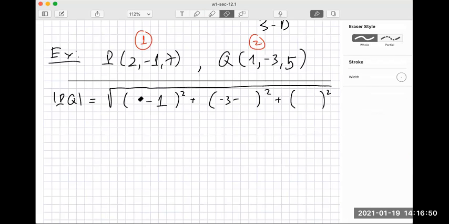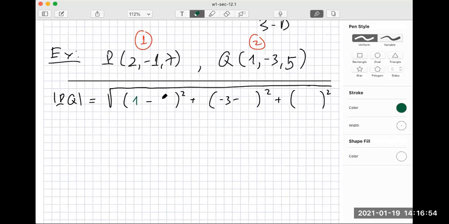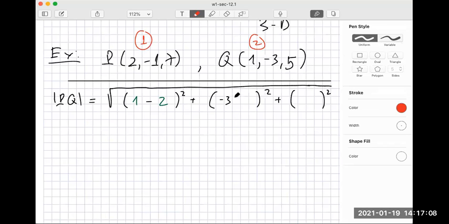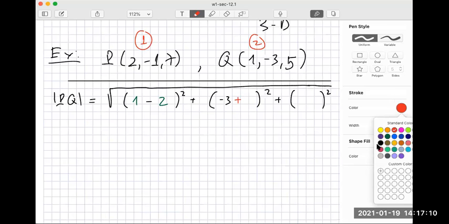Oh, yeah, I see what you mean. Oh, my bad. Yeah, 1 minus 2. It doesn't matter, right? That is what I want to discuss here. Okay, 1 minus 2, then -3 minus -1, so be careful, it becomes plus 1. Very good.